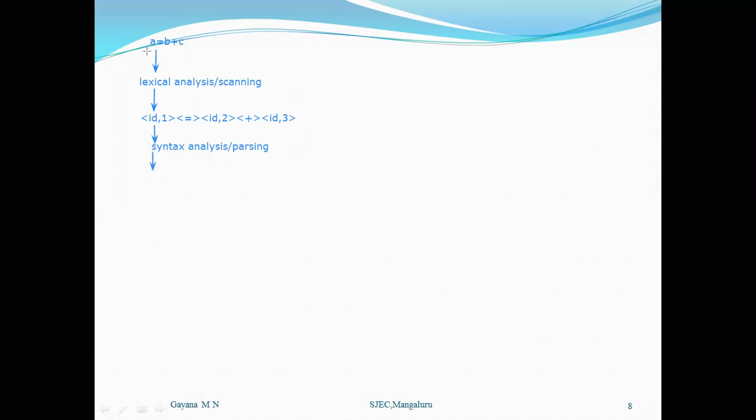Now, this particular expression deals with evaluating some expression, right? So you're adding B and then C and the answer is assigned to A. Correct. Now, the first step involved here is to perform adding B and then C. So B corresponds to token representation ID2, C corresponds to ID, comma 3. Fine.